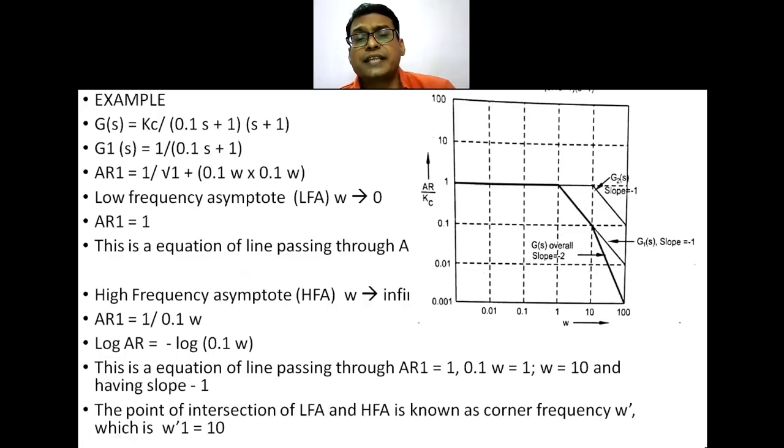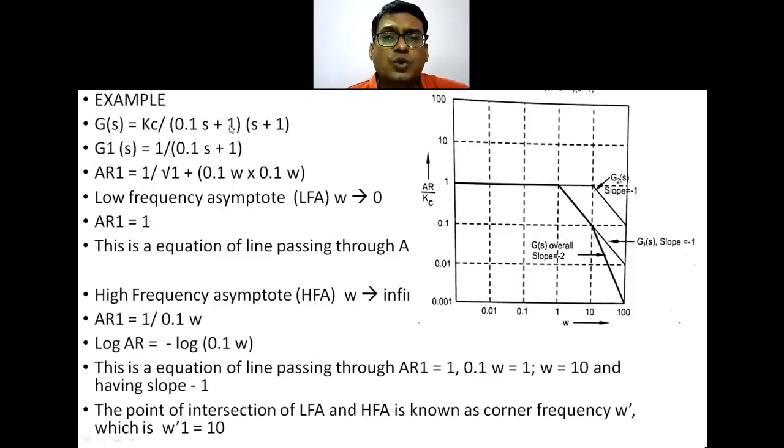Now the next example we will see is a combination of two first order systems. We know the first order system's transfer function is nothing but 1 upon 1 plus tau s. So this example of G(s) is equal to Kc upon (0.1 s plus 1) and the second (s plus 1).